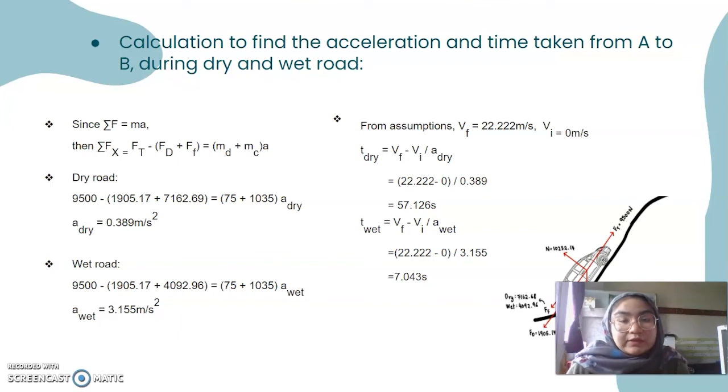So for time taken during the dry road condition, we use the value of acceleration during the dry road condition, so we get the value of 57.126 seconds, while the time taken during the wet road condition is 7.043 seconds.